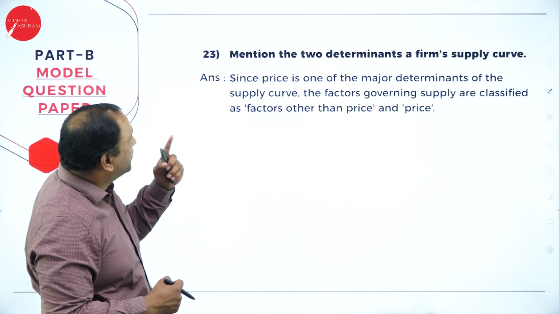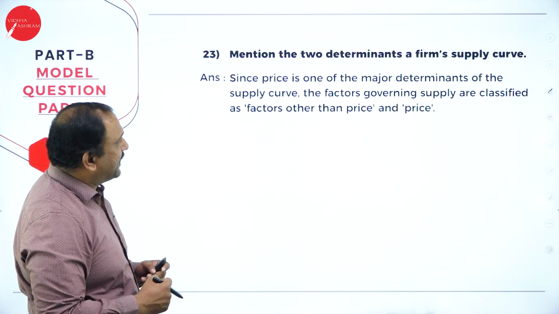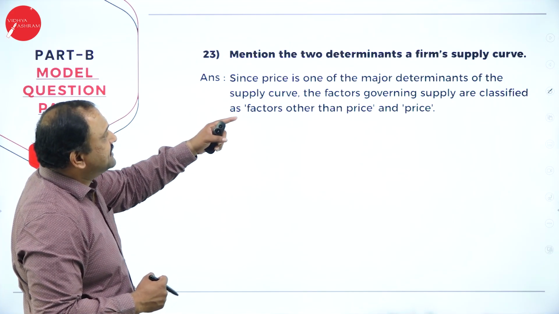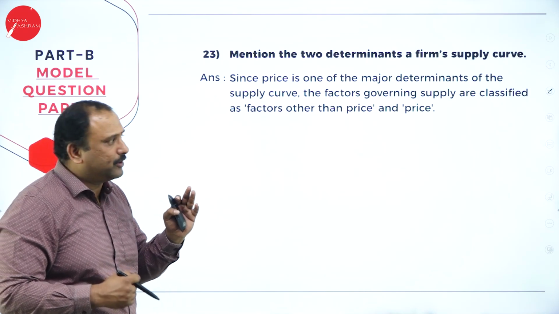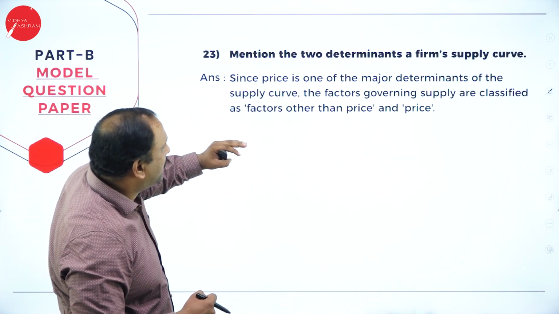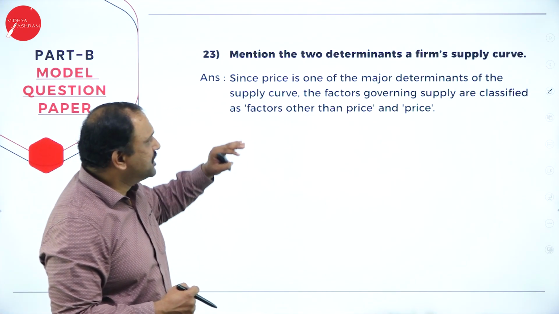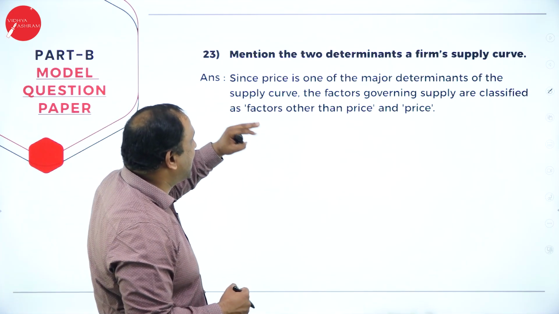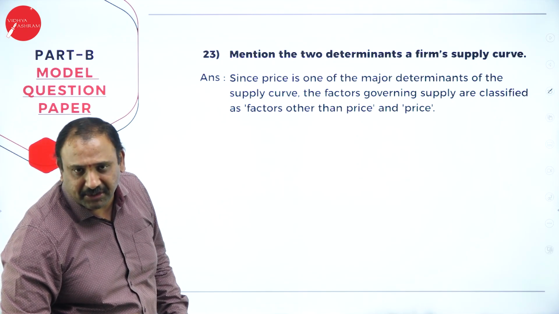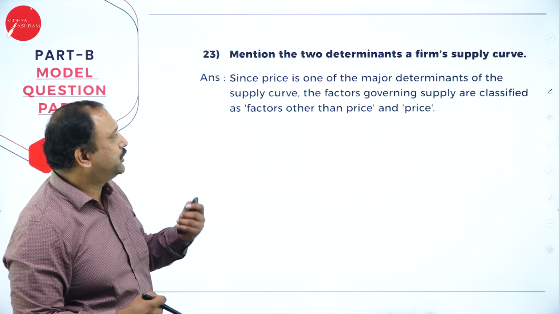Followed by 2 determinants of the firm's supply curve. What we are talking about, since the price is one of the major factors, we are going to talk about 2 important things here, where we're going to talk about the factors other than the price. So one would definitely be the price factor and the technology factor. So these are the major determinants in a supply curve altogether.